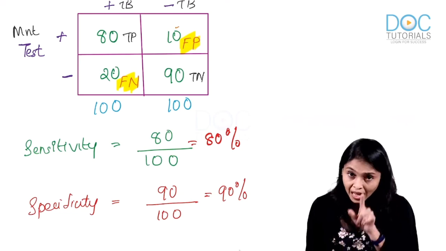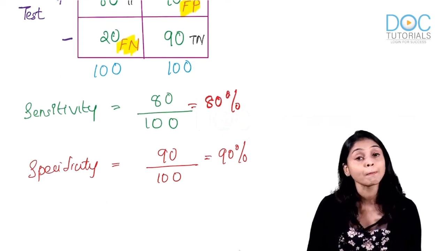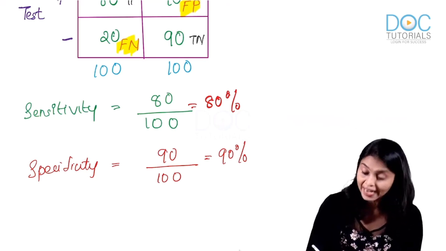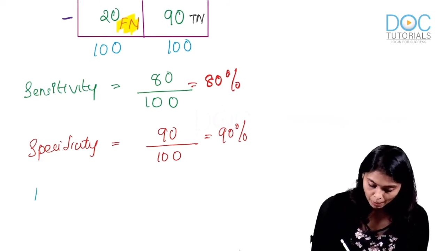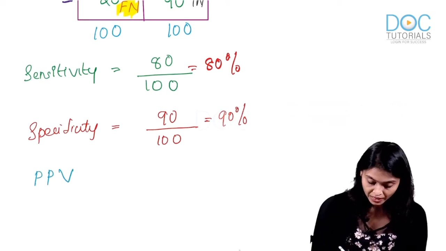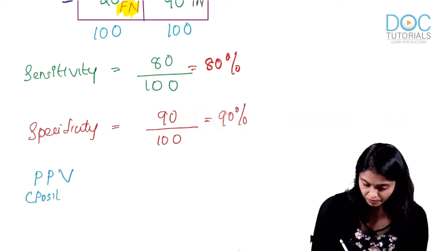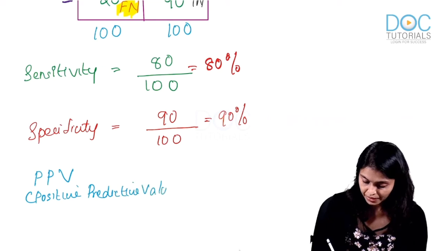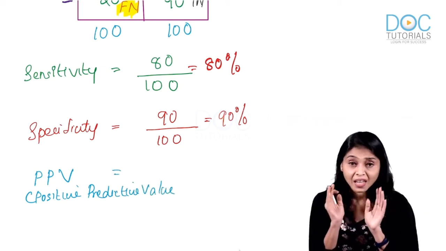Are you with me? And one more property we discussed, which is predictive value. As you know, we have two types of predictive value, positive predictive value and negative predictive value. Now, let's see what is positive predictive value or PPV. Nothing to mug up.